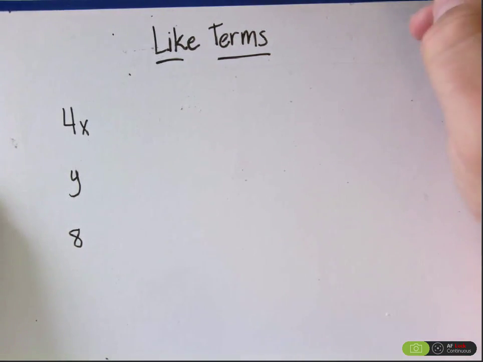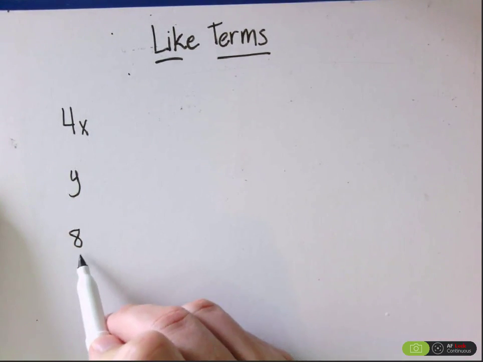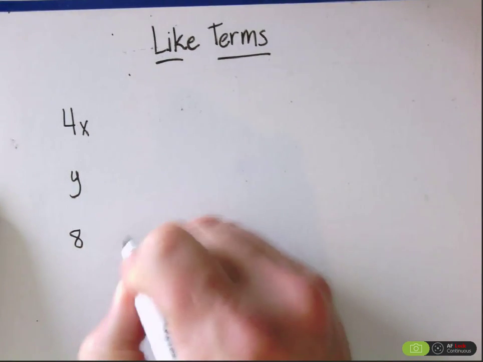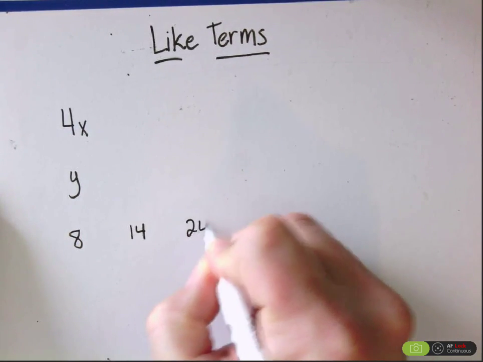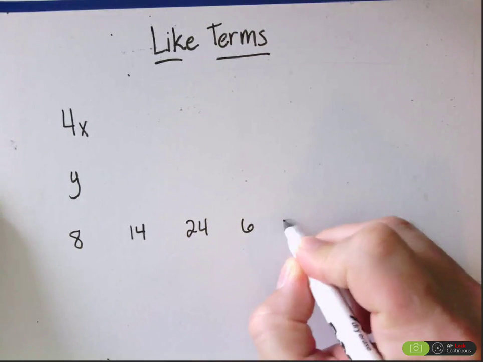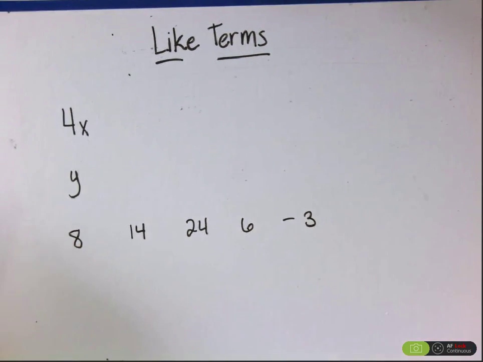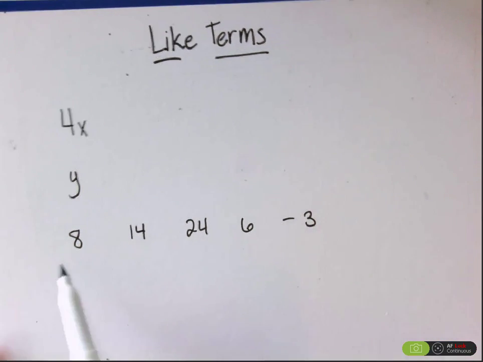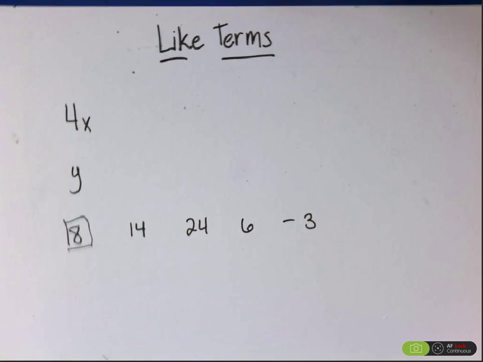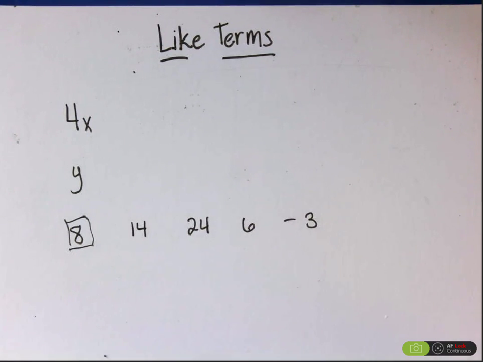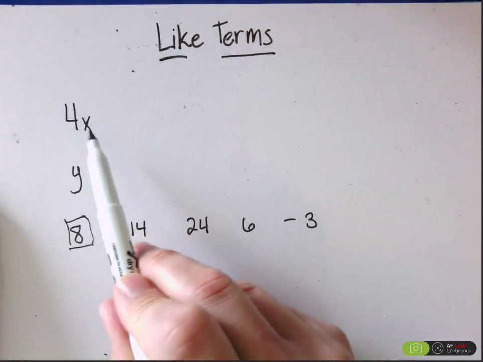So if I have an expression and it has the number 8, and let's say it has 14, 24, 6, minus 3, any of those can then be combined with this term, 8. So constants can be combined. The other like terms are if you have a variable.